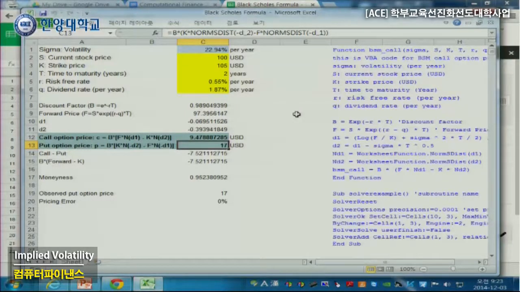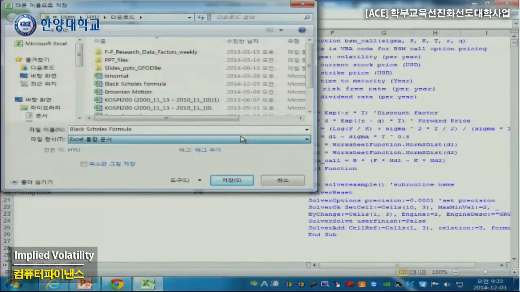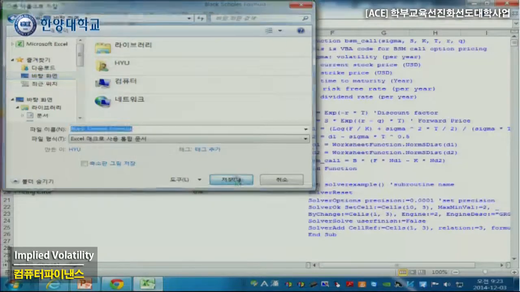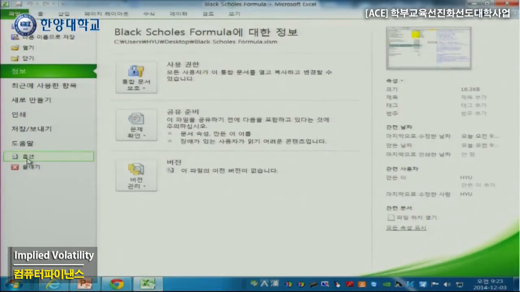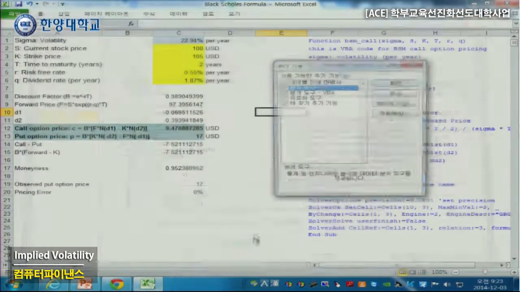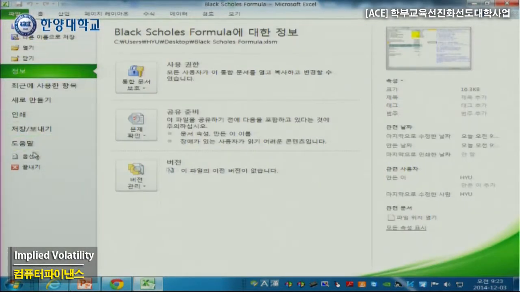In order to implement this with Excel Visual Basic, I think I have to save this as a macro-enabled workbook, and then check that everything is there.